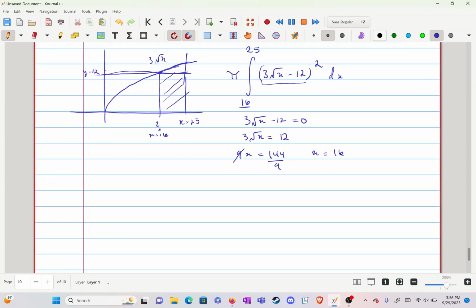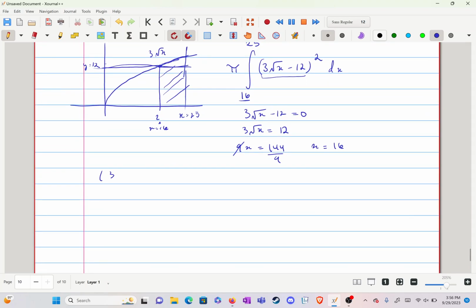Now we've got to square these together. A little bit of a process here. So 3 times that is 9x. 3 times 12 is negative 36 square root of x. Negative 36 square root of x again.